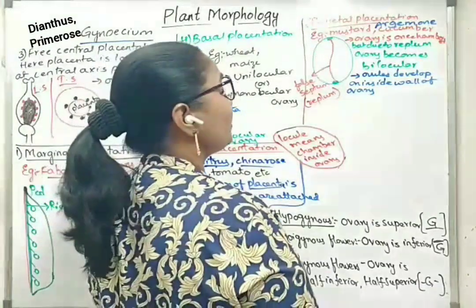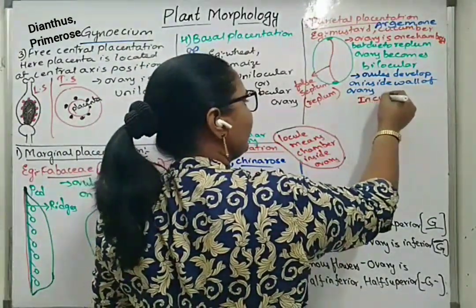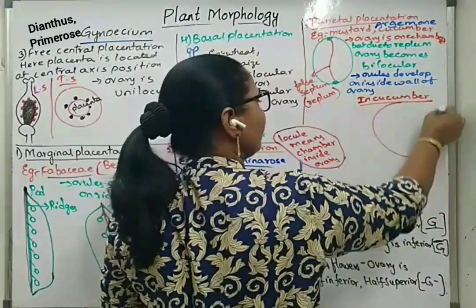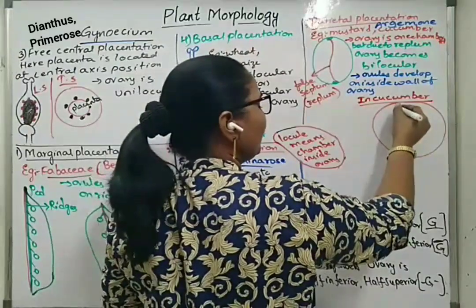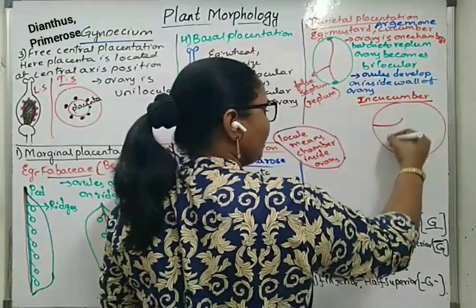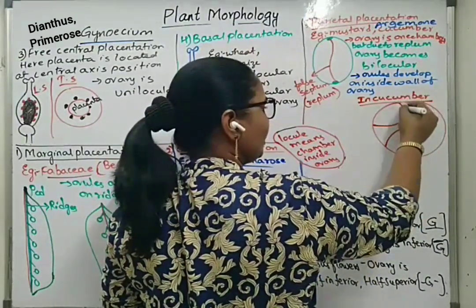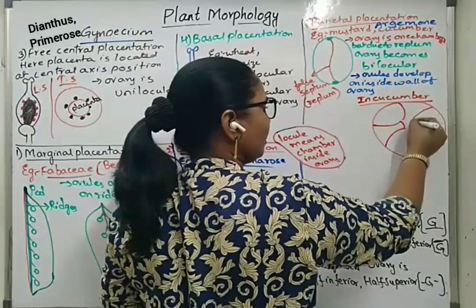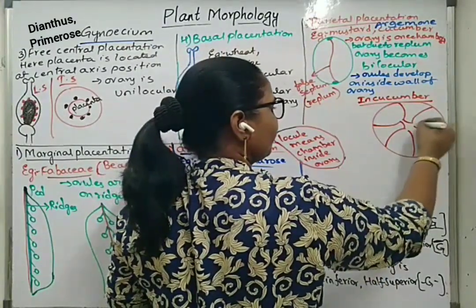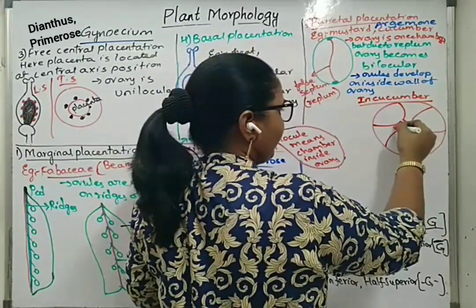In case of cucumber, how does this placenta appear? If this is the ovary, section cutting, horizontal or transverse section cutting, placenta starts from the periphery and reaches the central region. Like this. So this complete structure can be placenta.